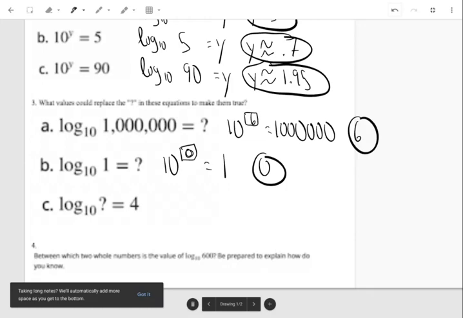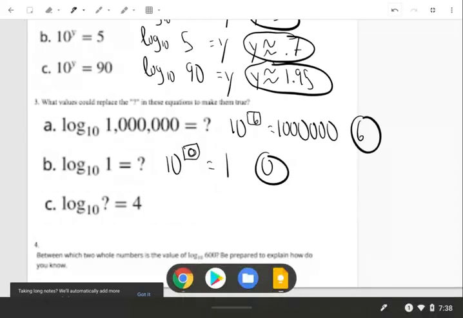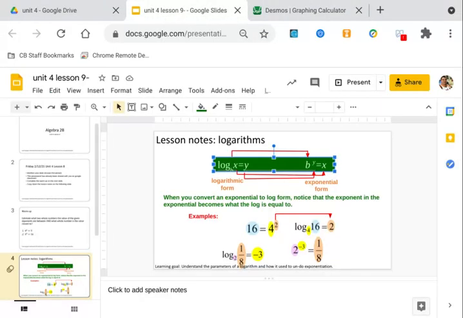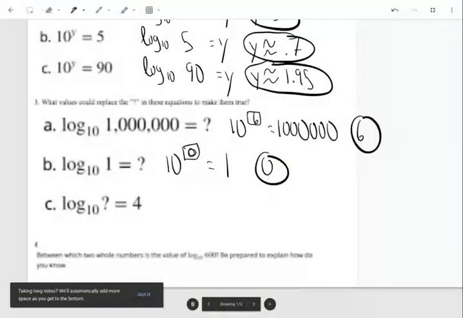Okay. And then C. Log base 10 of what equals 4? If I convert this to exponential form, my base in this case is 10, the exponent is 4, equals question mark.